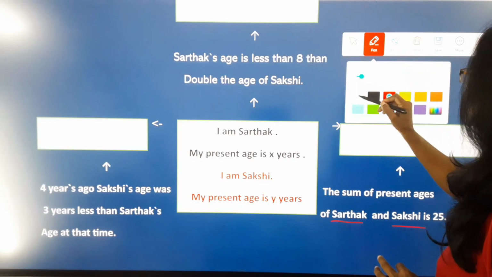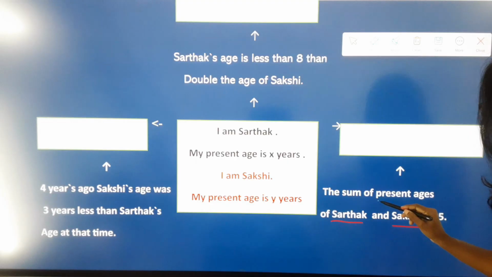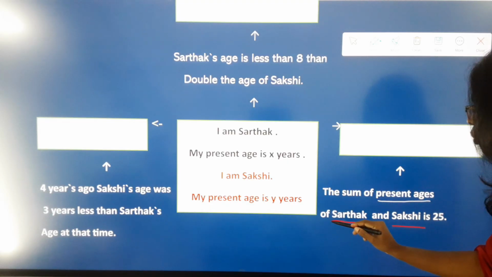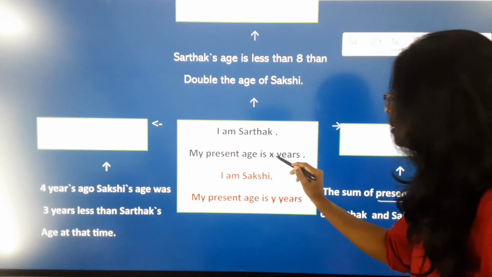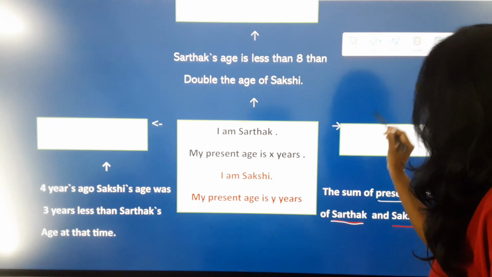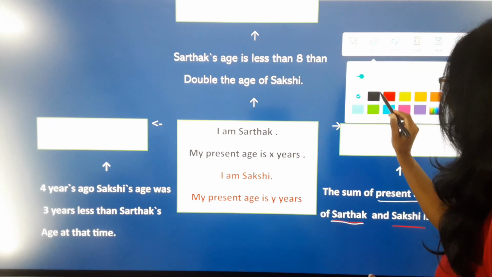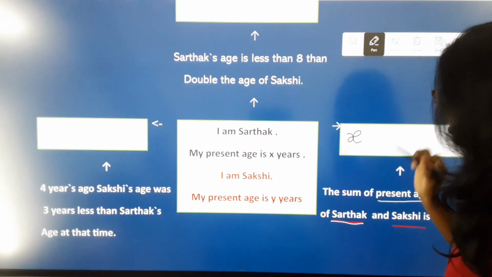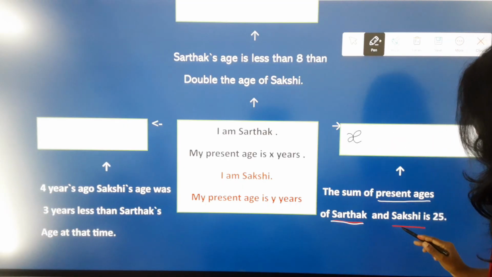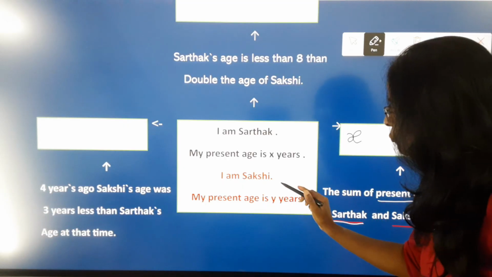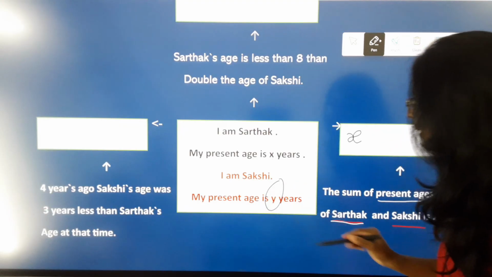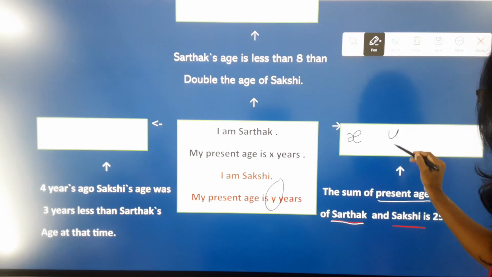So here see students, present age. What is the present age of Sarthak? That is x. So here we write x. And what is the present age of Sakshi? That is y. So here I write y.